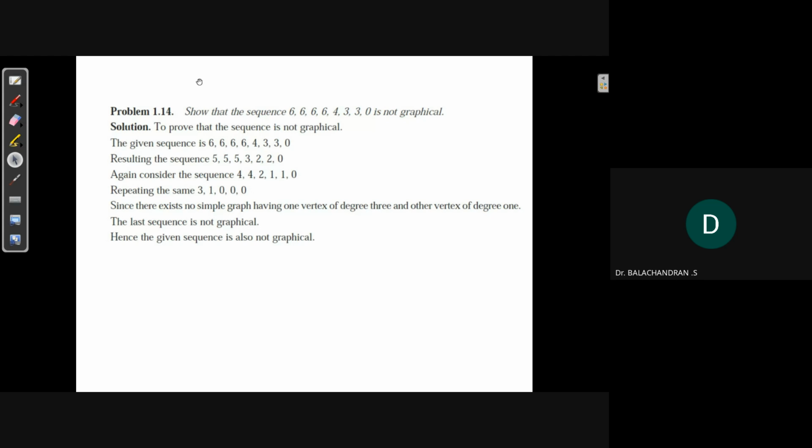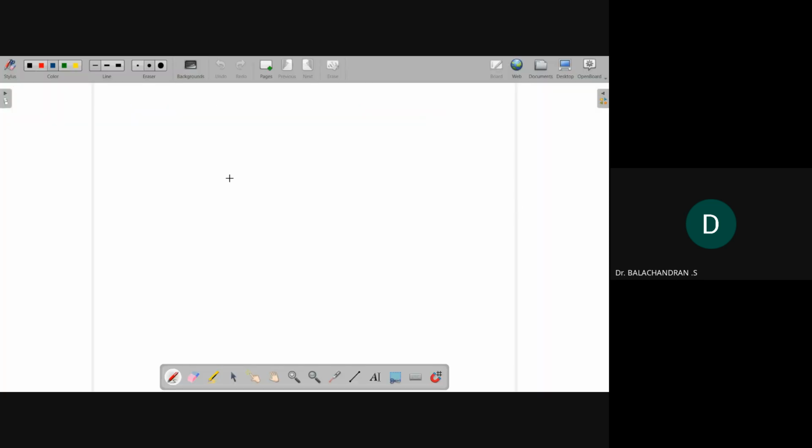The next problem is: show that the sequence 6, 6, 6, 6, 6, 6, 4, 3, 3, 0 is not graphical. Okay, maybe I'll write here. Not graphical means using this degree sequence we cannot draw a graph.